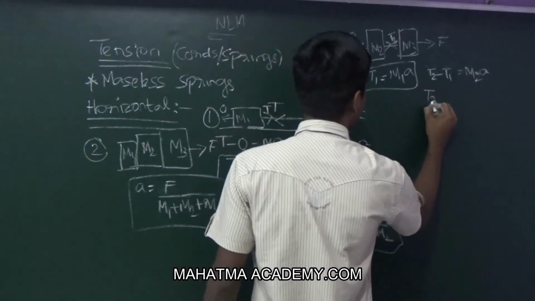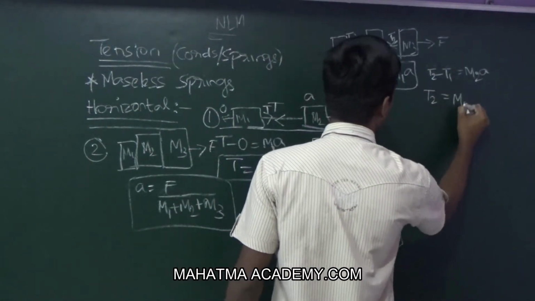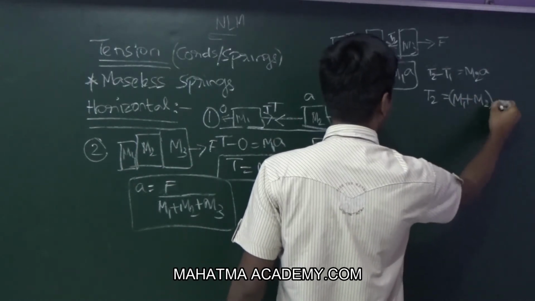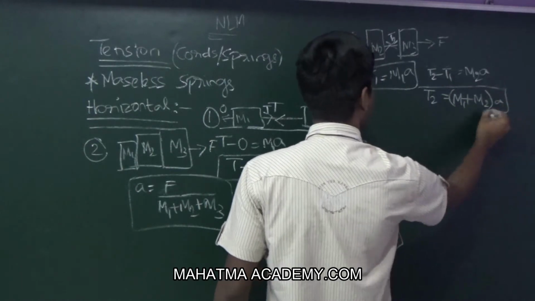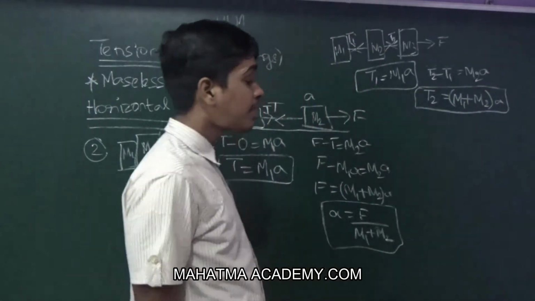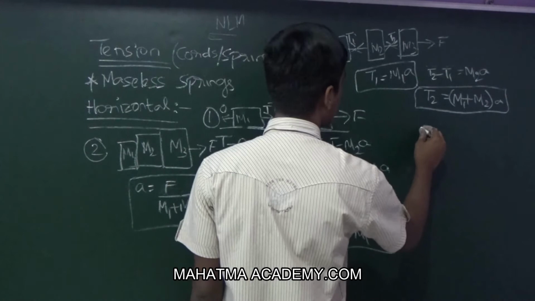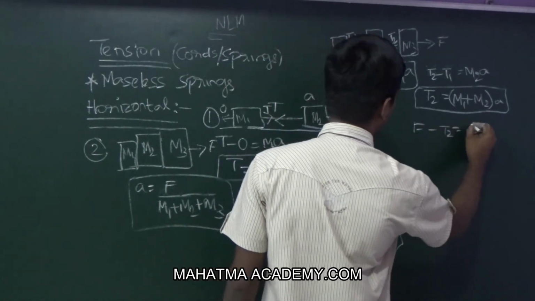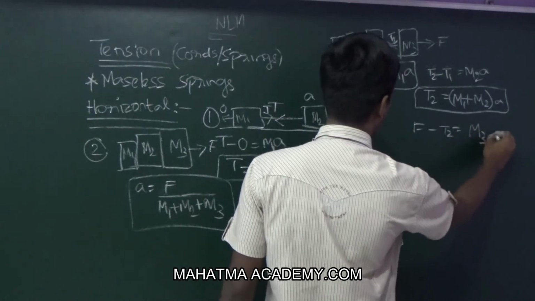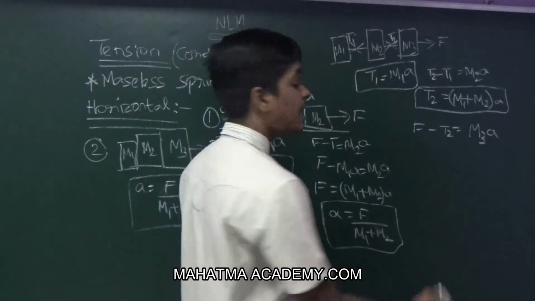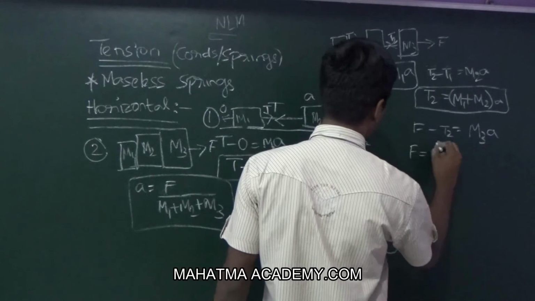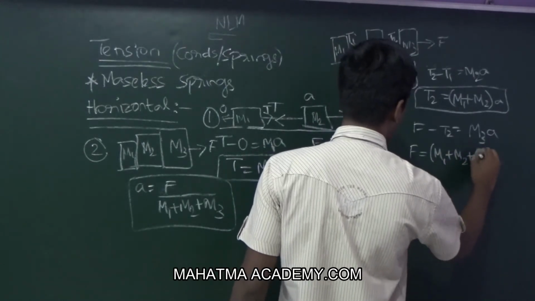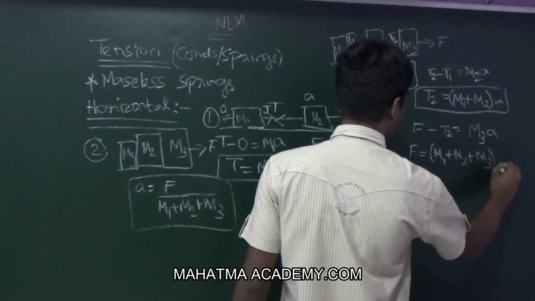Now T2 is equal to (m1 plus m2) into A. Now for the third, F minus T2 is equal to m3a. And we can get the force as F is equal to (m1 plus m2 plus m3) into A.